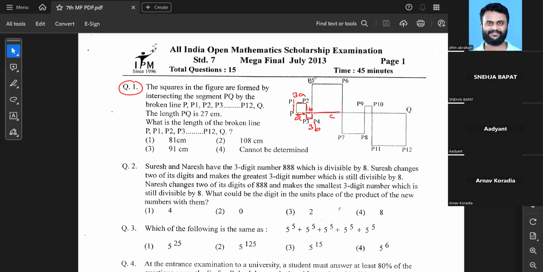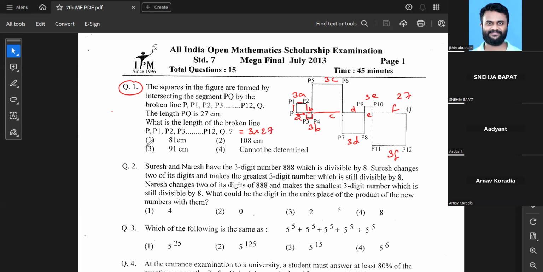This is C, 3C. This is D, 3 times D. This is E, 3 times E. This is F, 3 times F. Now, if A plus B plus C plus D plus E plus F is 27, all these combinations will be 3 times 27.